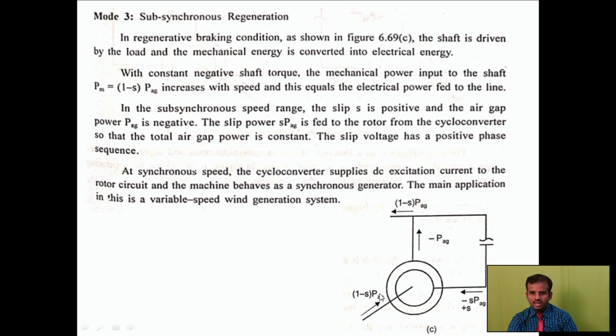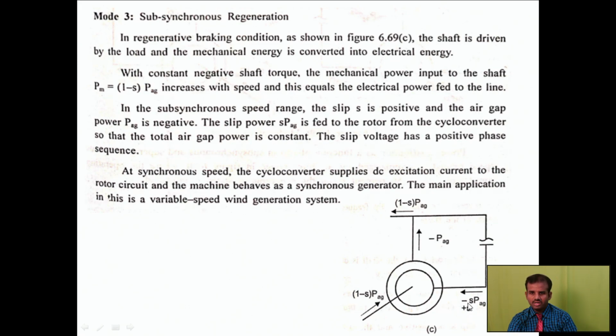Okay, so in this subsynchronous regeneration mode, there is a subsynchronous speed range. The slip s is positive here, and the slip power is minus s into PAG. Okay, so the air gap power PAG is negative here. The slip power s into PAG is fed to the rotor from the cycloconverter, so that the total air gap power is constant here. The slip voltage is of positive phase sequence, because the slip is positive.